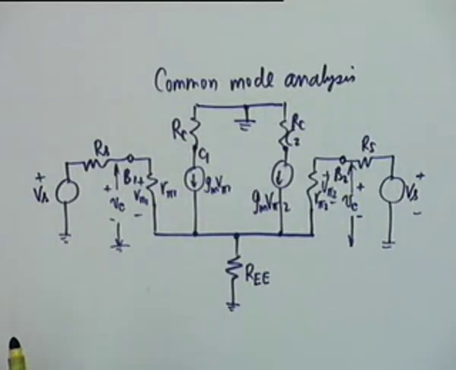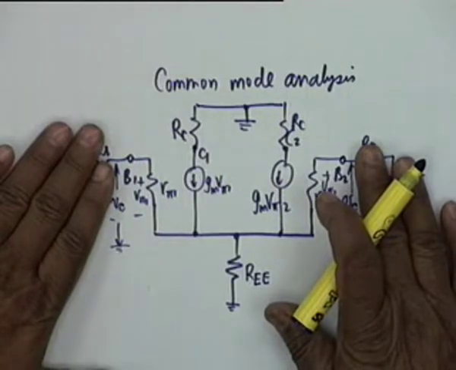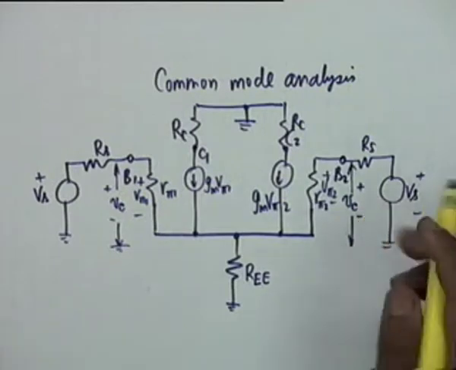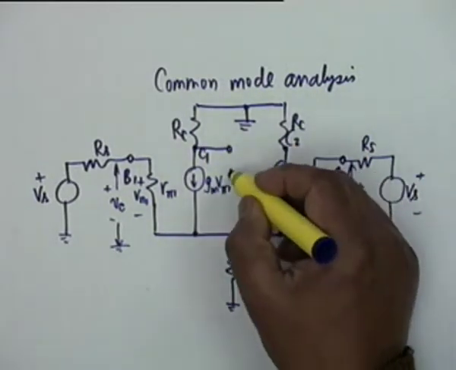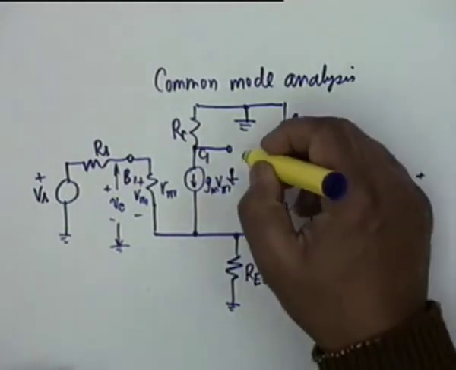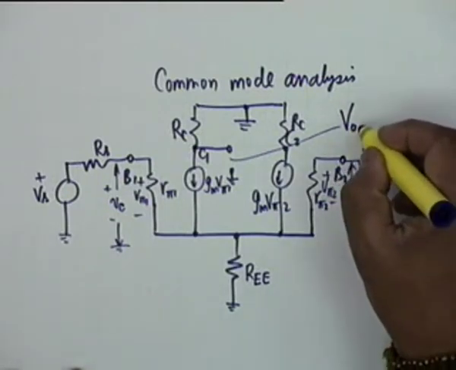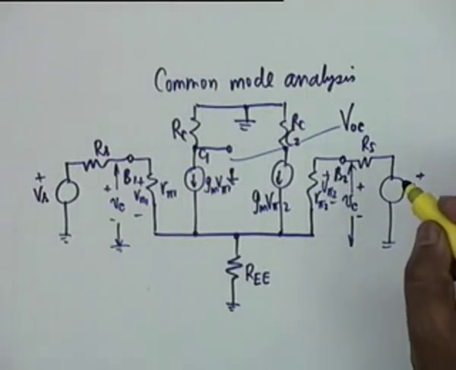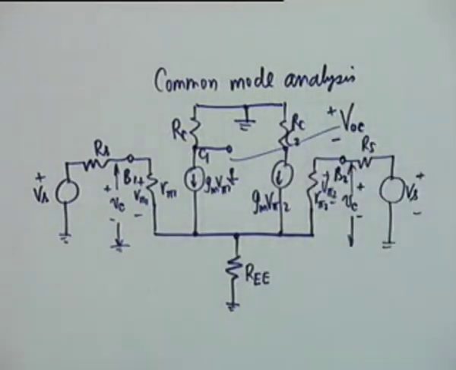The only thing that we have changed is that the sources are identical on the two sides, and therefore the base voltages are identical, VC and VC. We want to see if there is an output from here to ground. Let's call this output capital V O small c, VOC, output due to common mode, with this polarity, plus minus. Agreed?